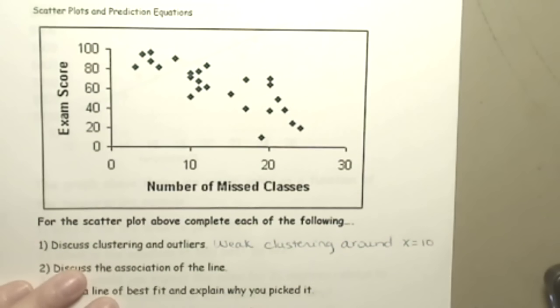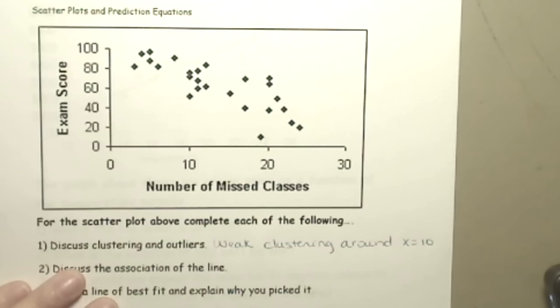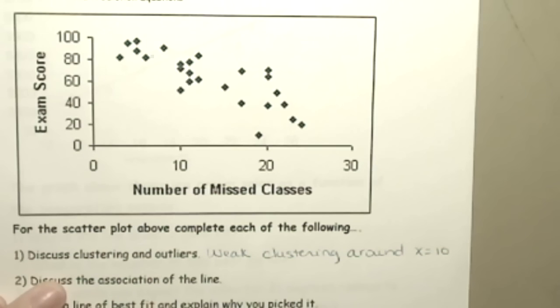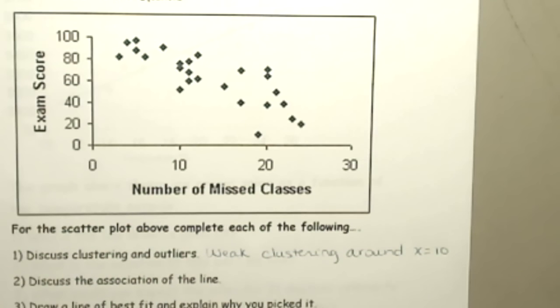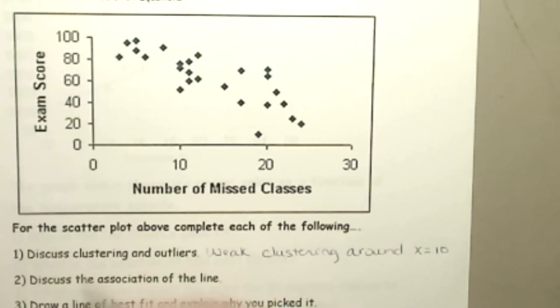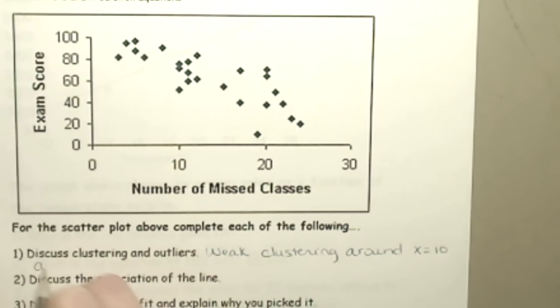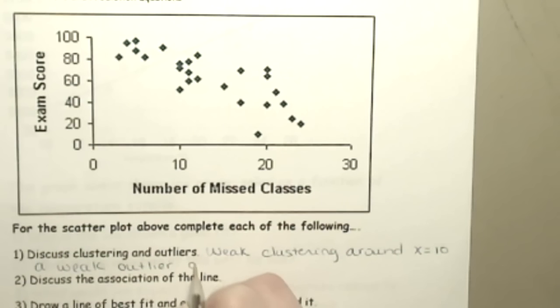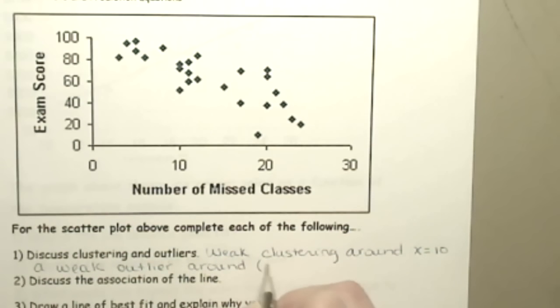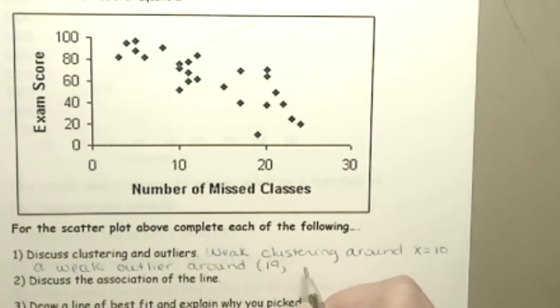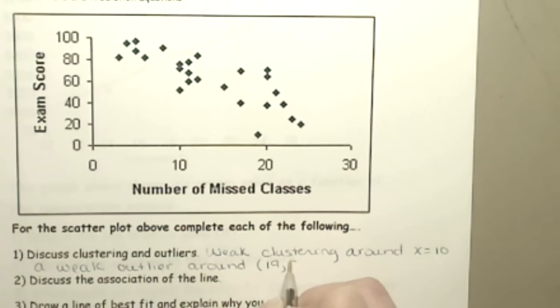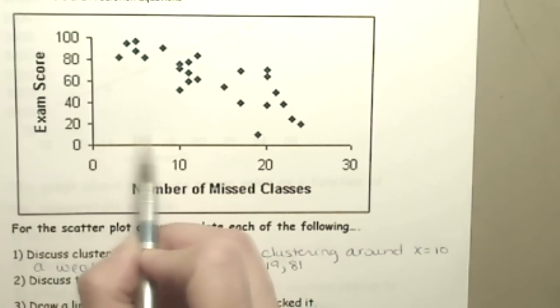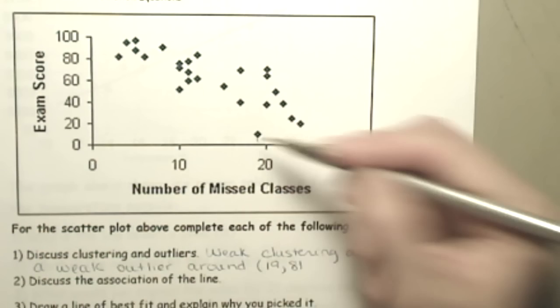Normally we talk in terms of the domain, or the x values, for that clustering. And an outlier, a weak outlier, around, I guess we could classify that point as about 19, I don't know, 8, if we're guesstimating the coordinates of that.